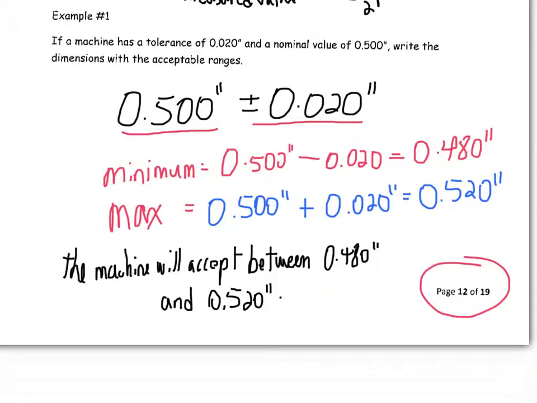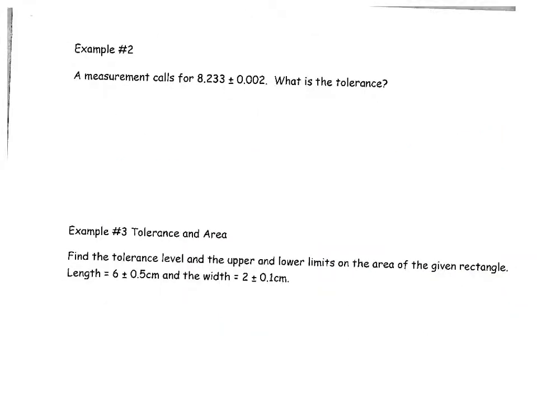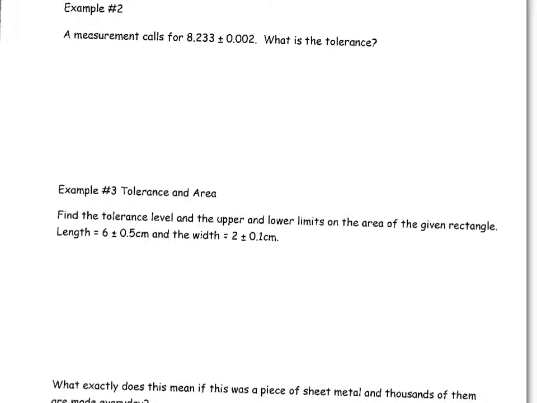Next example. Okay, let's take a look at example 2. A measurement calls for 8.233 plus or minus 0.002. And it's saying, what is the tolerance? Okay? Well, actually, if you go back to the definition, this 0.002, I'm underlining it, sorry.